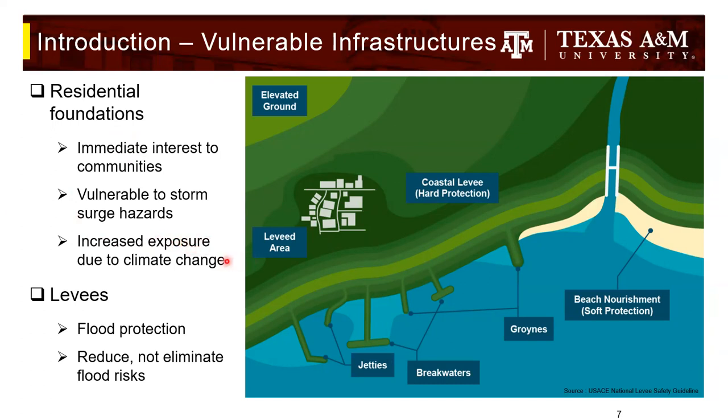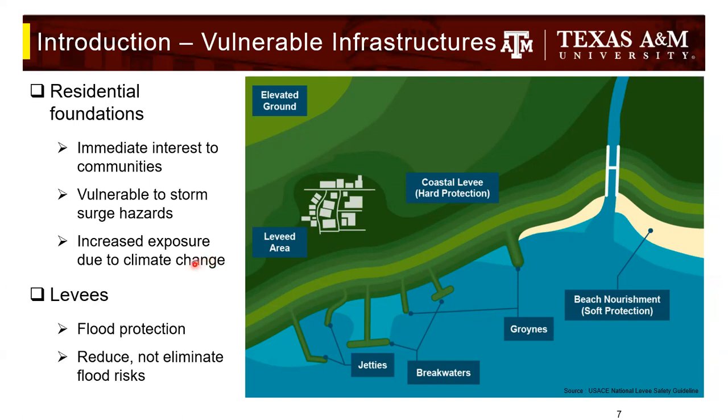And the next one is the levees. There are many levees near the coast which act as a flood protection system, and they help in reducing the flood risk to the communities away from the coast.